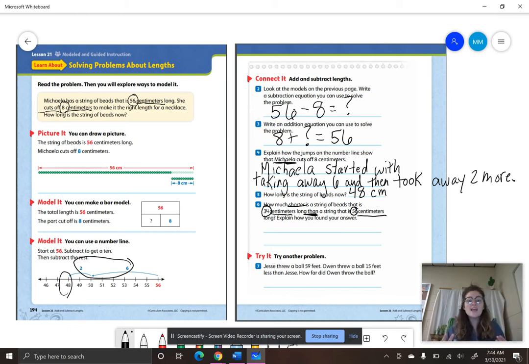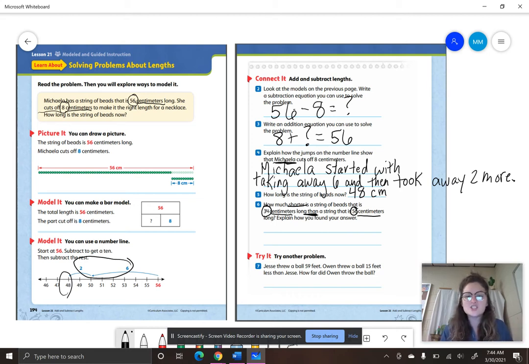All right, so it wants to know how much shorter a 34 centimeter string is than a 56 centimeter string of beads.